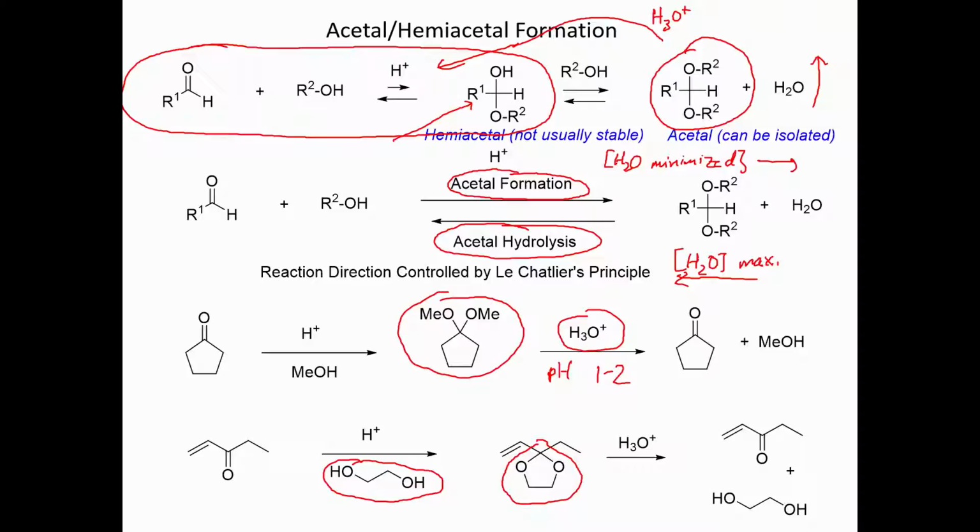An important thing to note about acetal carbons: if you look at the functional group, there's always one carbon that contains 2 oxygen atoms on it, and that's the group that corresponds to the carbonyl group if the acetal were hydrolyzed.